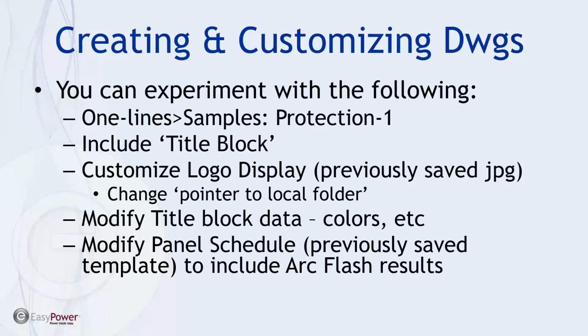I'll show you how to modify the title block in terms of the colors, the content of the text and the fields, and then how to include a panel schedule on some of the drawings. And again, all this is built in one of the examples in the tools.